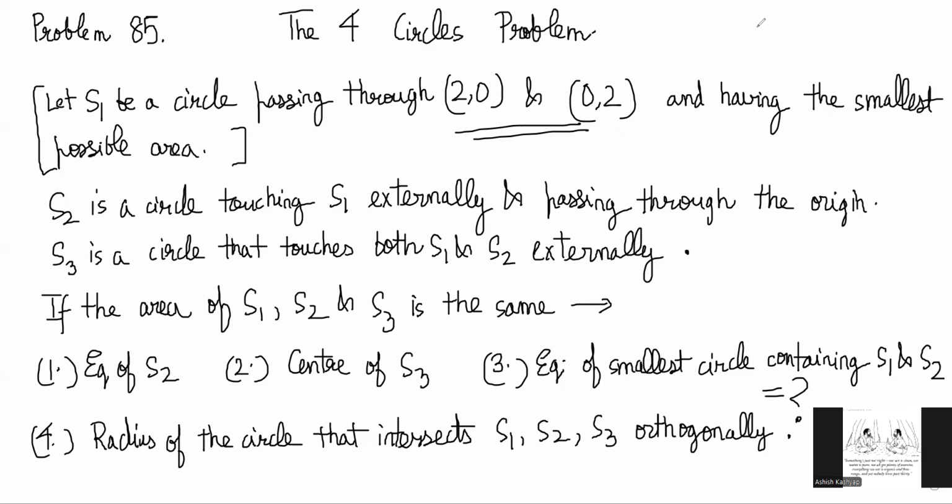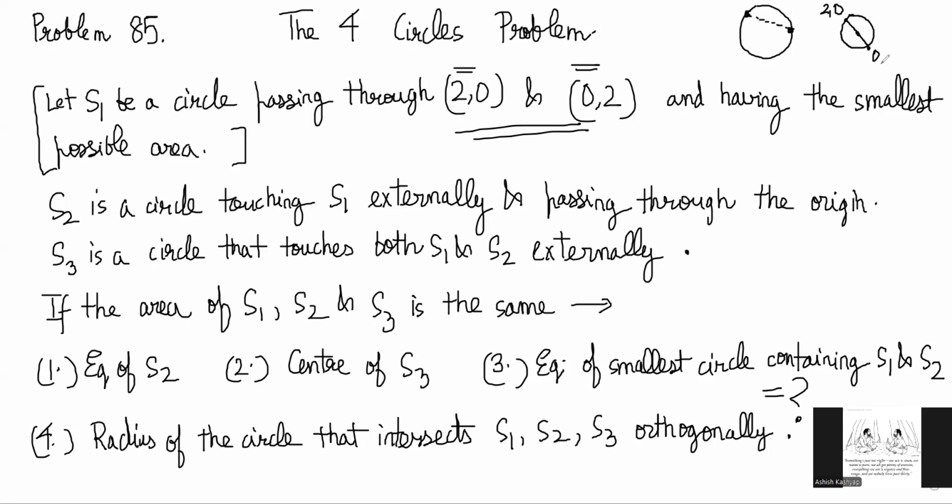So think about it. Two points on the circle are given, (2, 0) and (0, 2). If these are random points on the circle and the line joining them is any random chord, then the area of the circle will be quite big. However, the minimum possible area will come when (2, 0) and (0, 2) become the diameter, right?